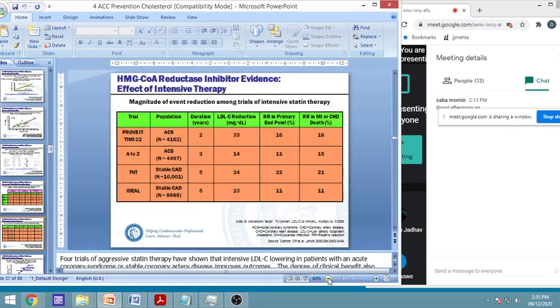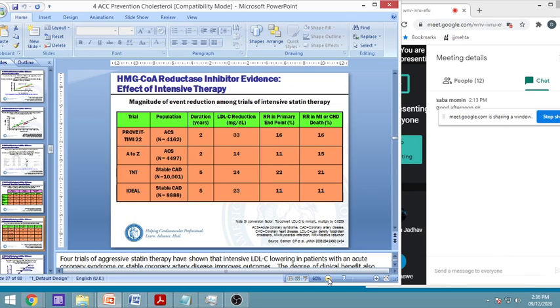So these are various trials again, and what it shows is that various durations are there. The first two are for 2 years, then TNT and IDEAL for 5 years. The LDL reduction it has caused is 33%, 14%, 24%, then 23%, like that. There is a reduction in the primary endpoint, that is any chance of a cardiovascular event.